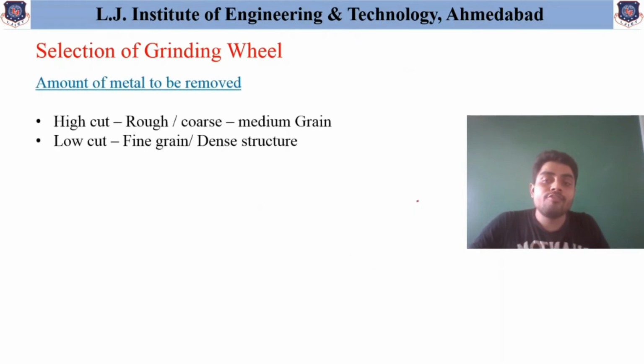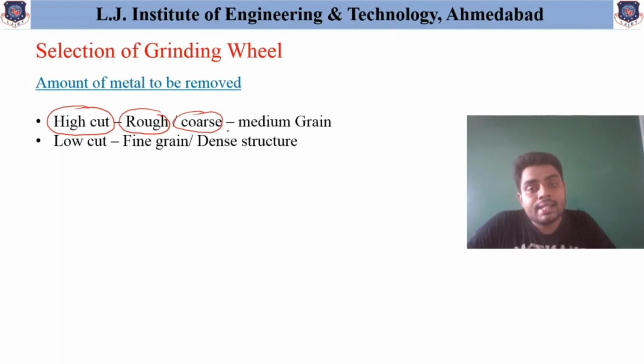Let us take an example. Suppose one wants to select the grinding wheel based on the amount of metal to be removed. If one wants to remove more material, that means cut high material, then we must select a grinding wheel with larger particle size. That means the particles may be rough or coarse, and the grain arrangement is medium.